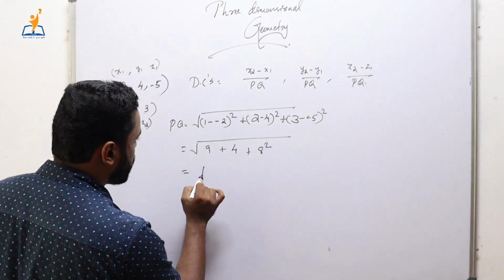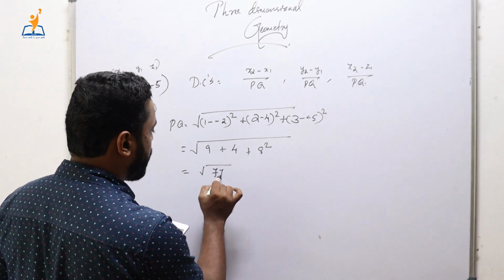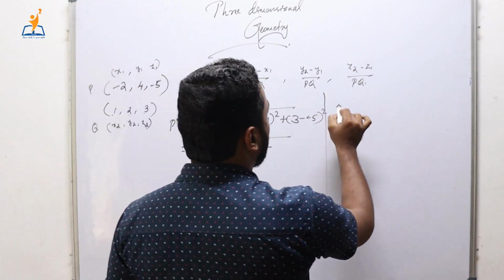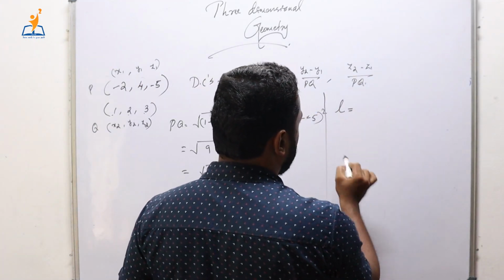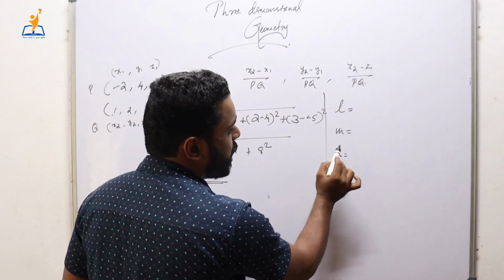That's it. So this is equal to 64 plus 4 is equal to 68 plus 9 is equal to 77. So root 77. So we have direction cosines. First direction cosine is nothing but L, second one is M, and third one is N. Cos alpha, cos beta, cos gamma.